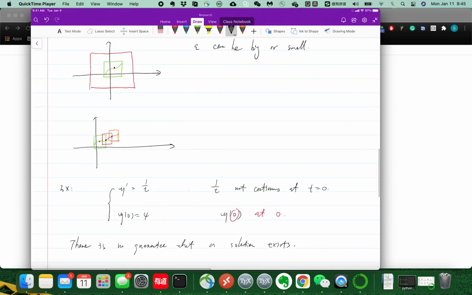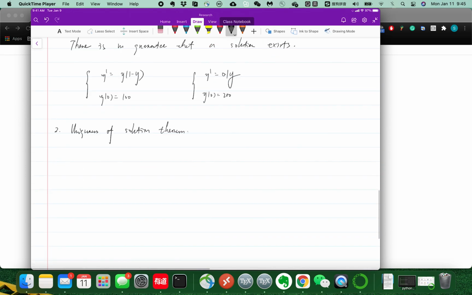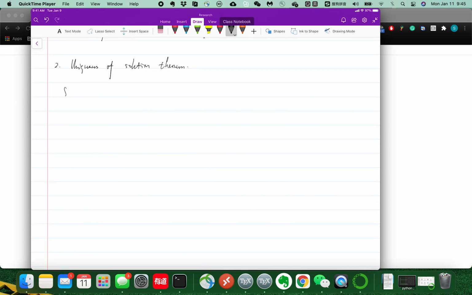For this one, we basically say the same thing. Suppose your right-hand side f is continuous. Meanwhile, you want the partial derivative of f with respect to y to be nice, which means continuous.